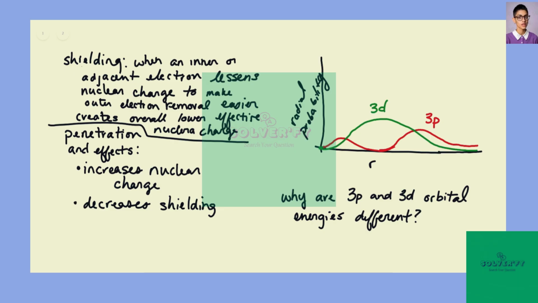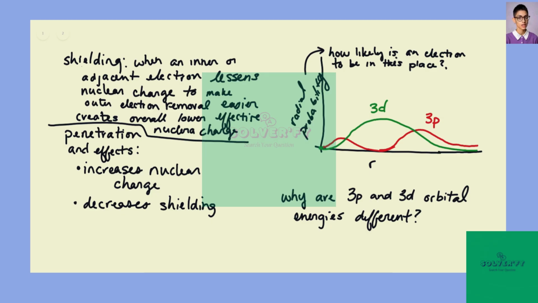So what we're saying is essentially that the radial probability distribution is how likely it is for an electron to be in this place, right?